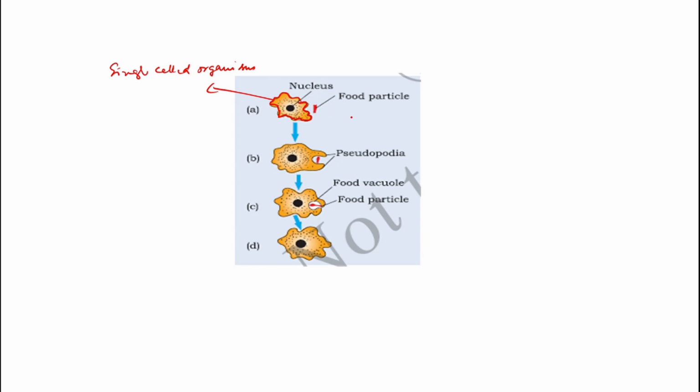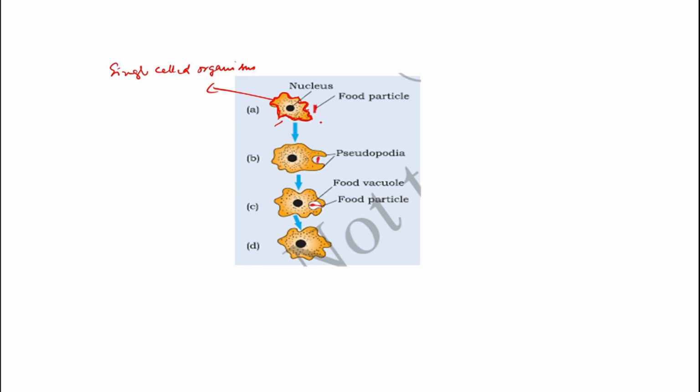But as the complexity of the organism increases, different parts become specialized for different functions. For example, amoeba takes in food using temporary finger-like extensions of the cell surface, which fuse over the food particles, forming a food vacuole. See, this is one projection, and so on. Wherever the food particle comes in contact with the surface, it will become a finger-like structure.